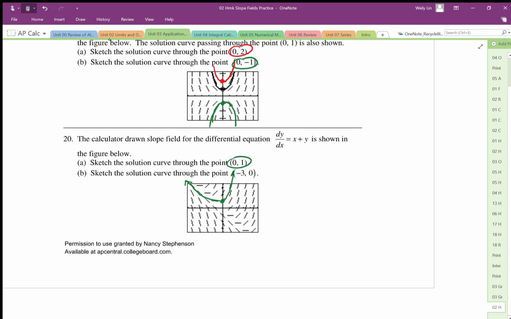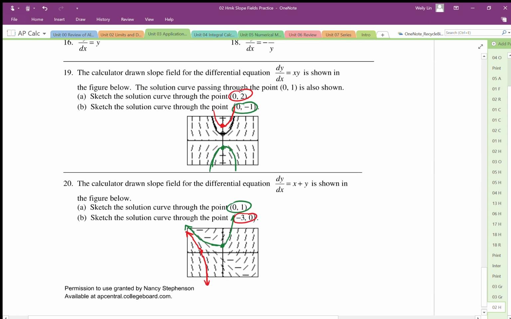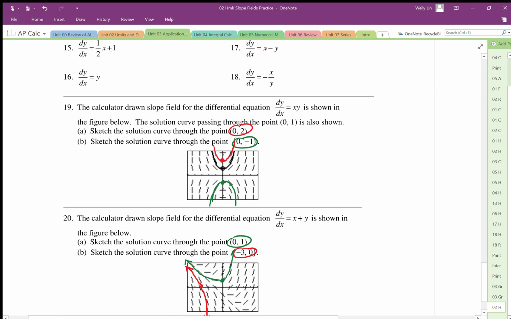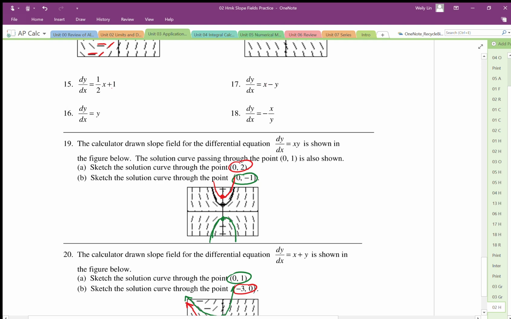If I start a point somewhere else, for example, -3, 0, so 1, 2, 3, -3, 0 is right there, if I were to follow the slope field, it looks like it's going to follow this kind of shape here. And they both look like they have an asymptote along that line. So these are some selected solutions, so make sure that you try these on your own, but you can check some of these over in the video.